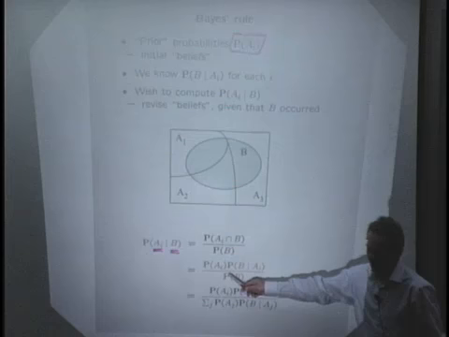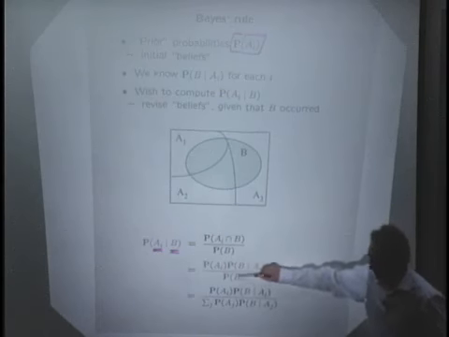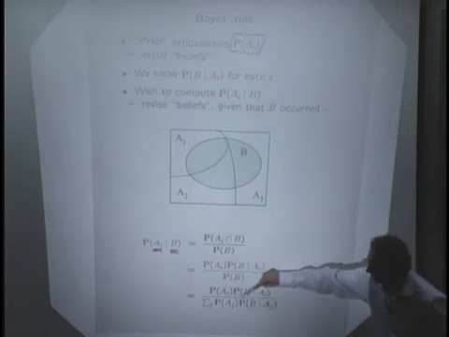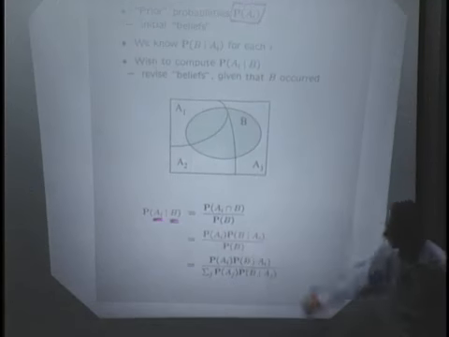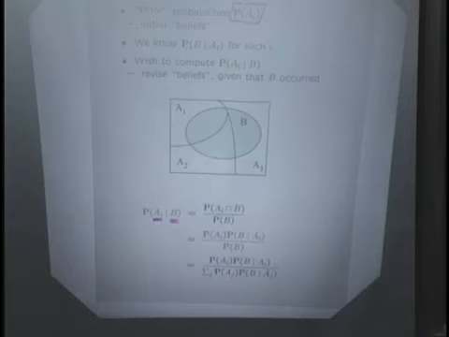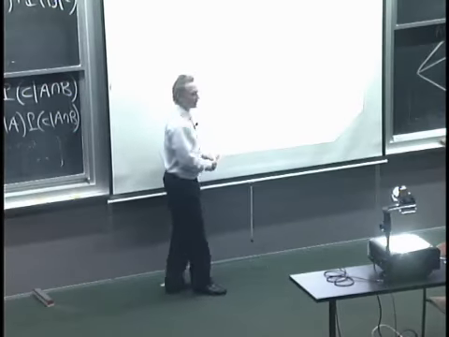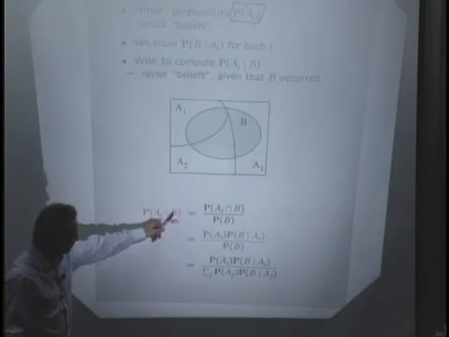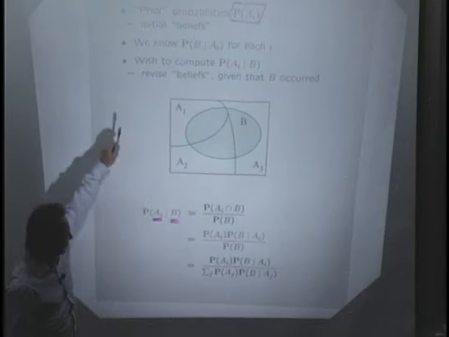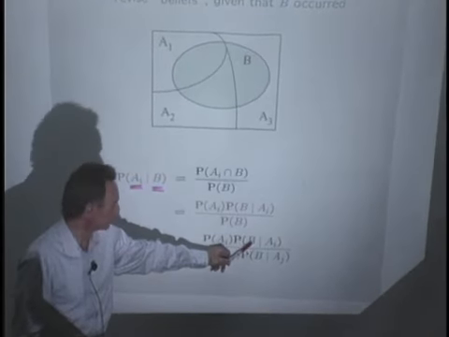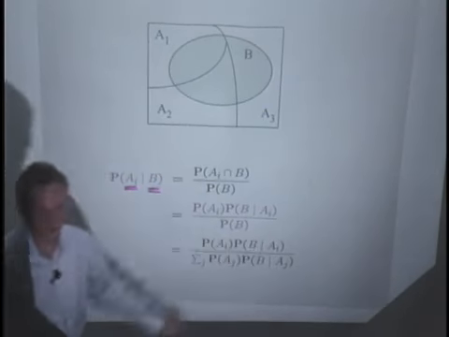To find the overall probability of event B occurring, we look at the probabilities of B occurring under the different scenarios and weigh them according to the probabilities of all the scenarios. So in the end, we have a formula for the conditional probability, A_i given B, based on the data of the problem, which were probabilities of the different scenarios and conditional probabilities of B given the A's.